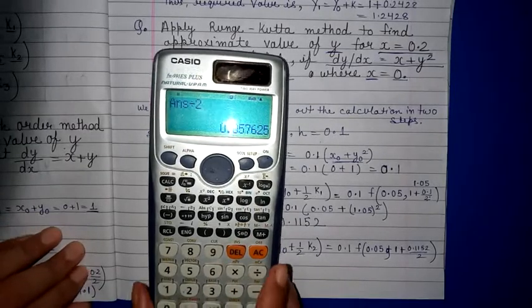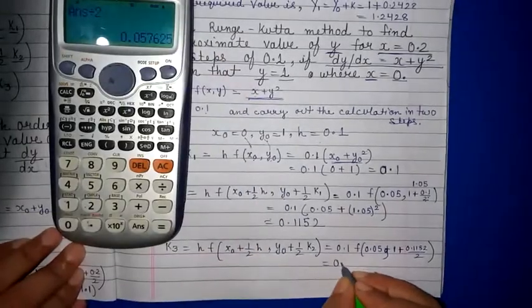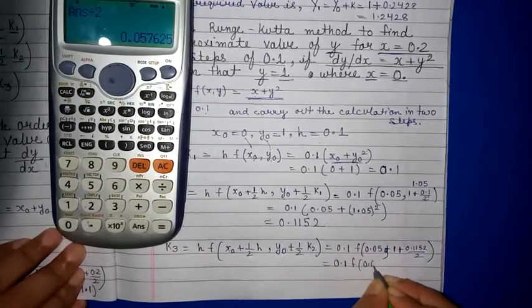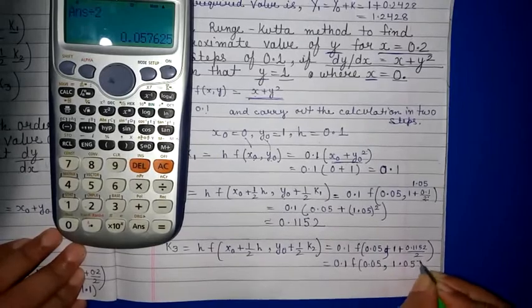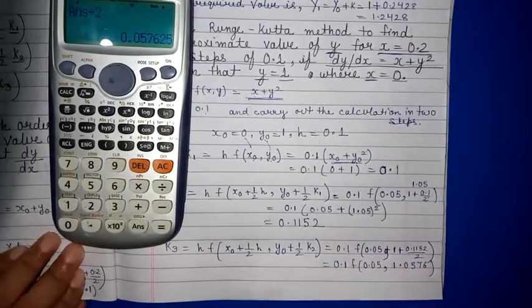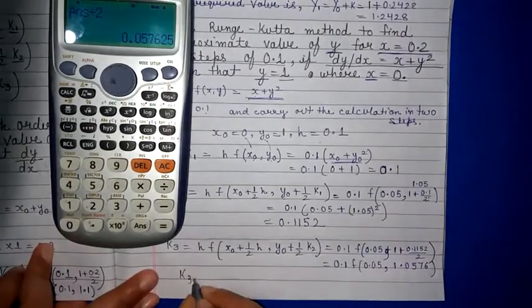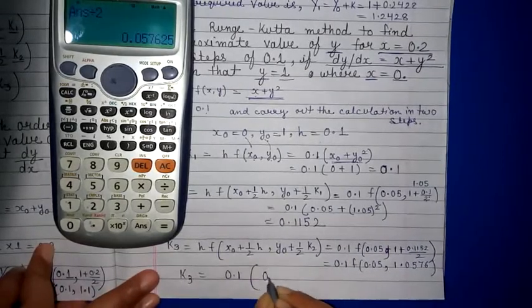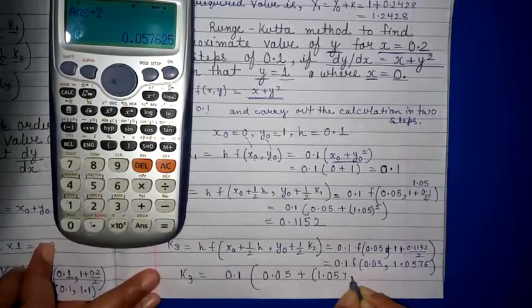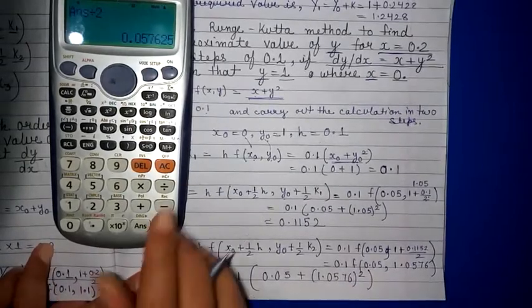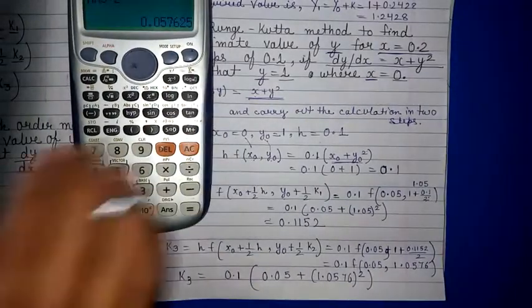So it will be 0.1 f(0.05, 1.0576). Now if you find the value of k3, it is 0.05 plus 1.0576 whole square. Then if you calculate this, you will get an approximate value.